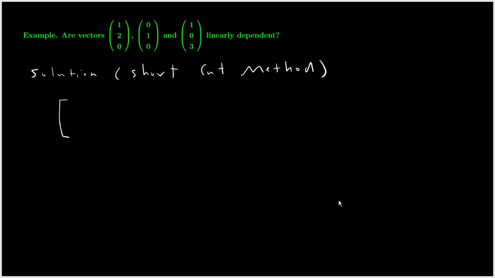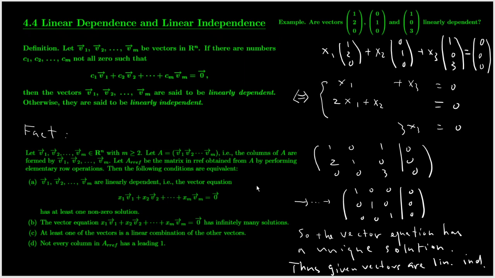The first column has the components of the first vector, 1 2 0. The second column is 0 1 0. The third column is the components of the third vector, 1 0 3. And then we put the matrix into REF.